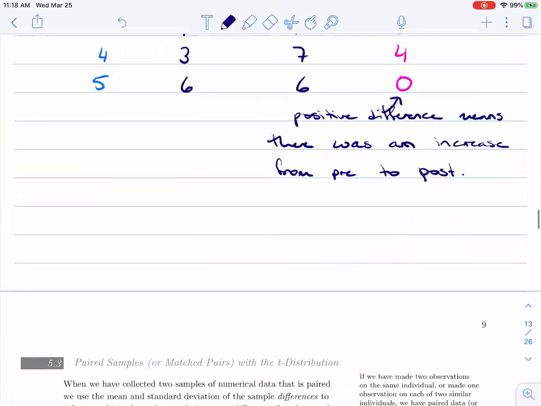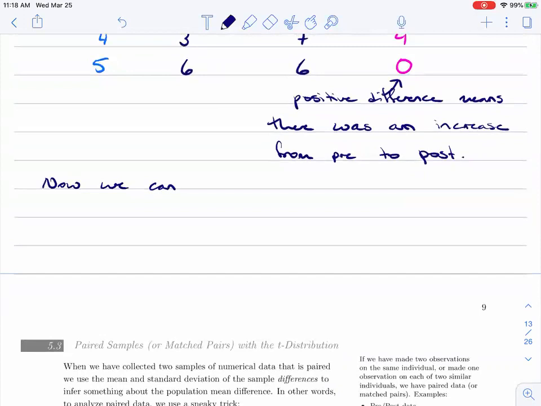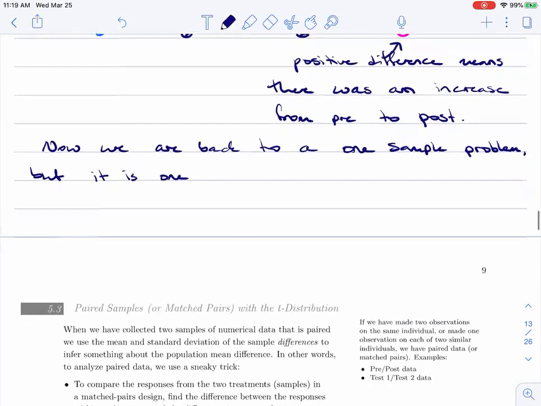And so now we are back to a one sample problem, but it is one sample of differences.